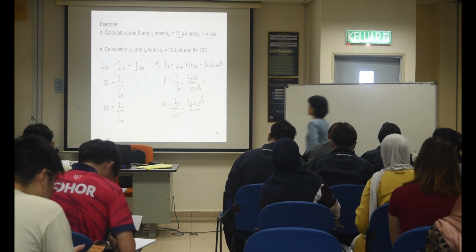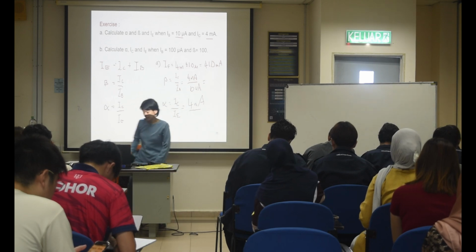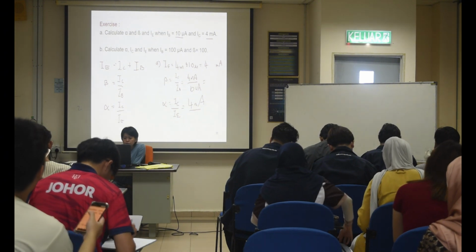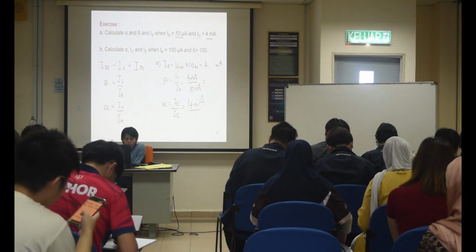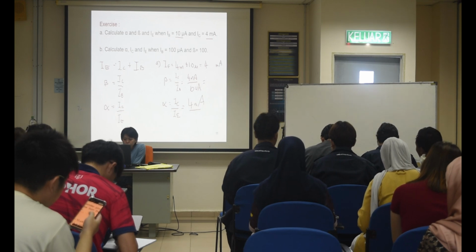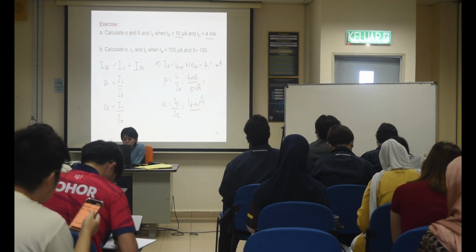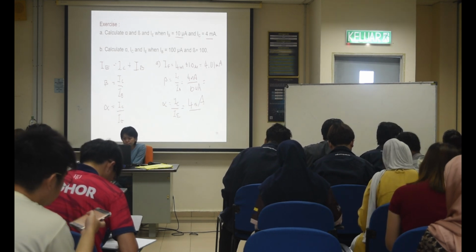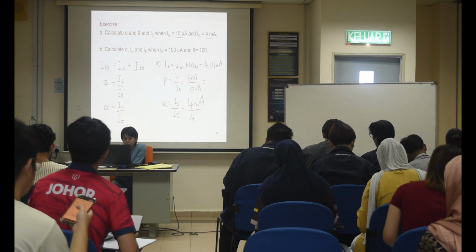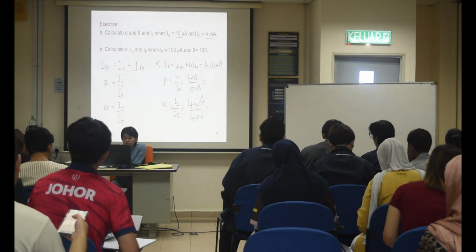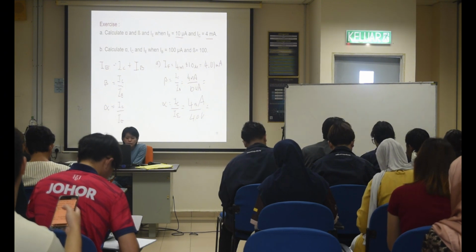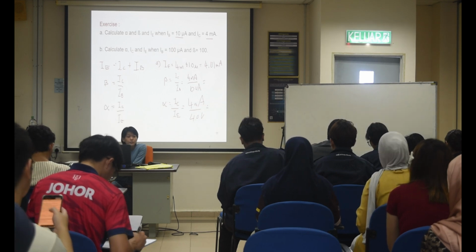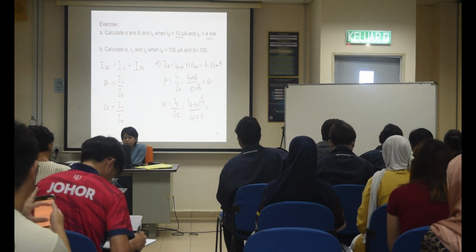4.01, right? Is it correct? Don't follow my answer, I'm asking you. 4.01. Okay, how many is that? Beta, how much? 400.